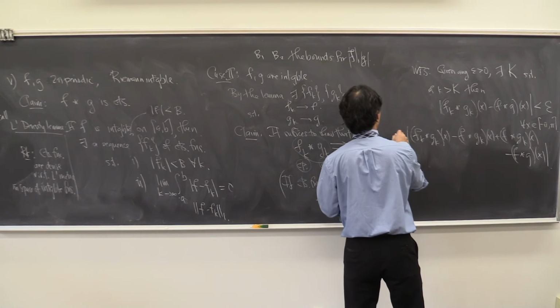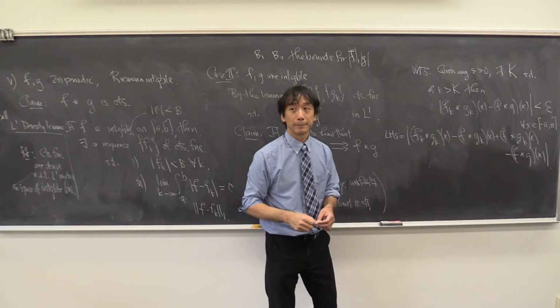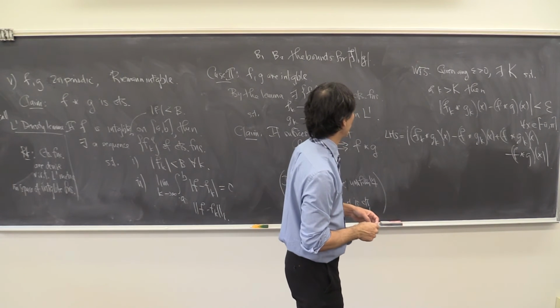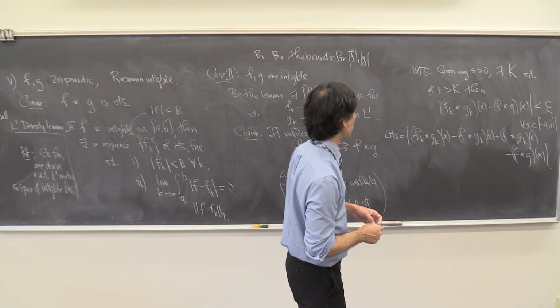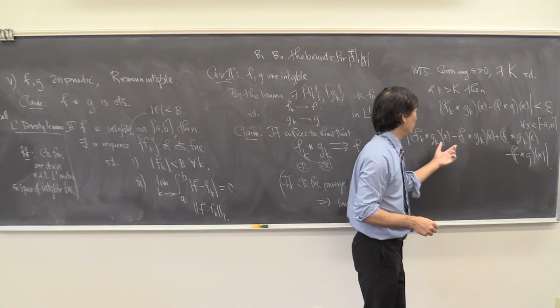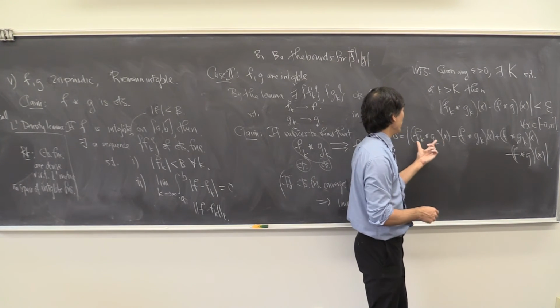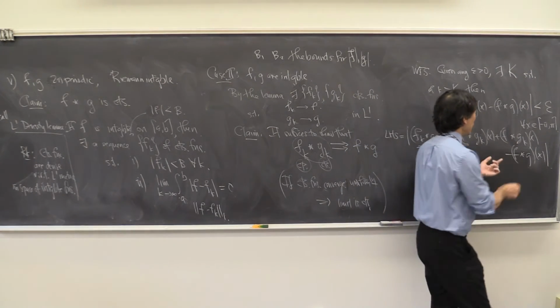So the left-hand side equals this thing. And that's the obvious thing to do because we want to take advantage of the fact that fk converges to f and that gk converges to g.